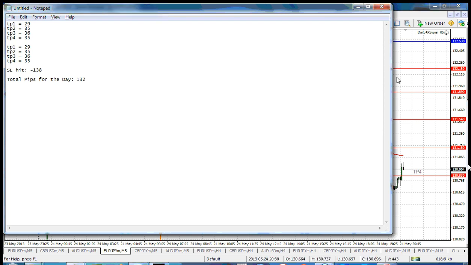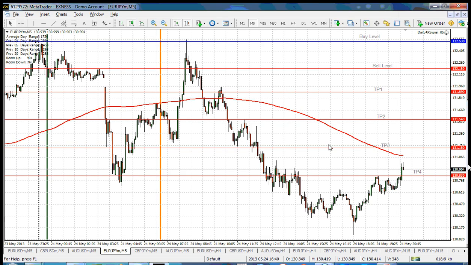Not bad. And obviously I did not take the last trade with ADR room down equal to zero. I just took the last lot hitting TP4 and not ADR equal to zero. If I had taken ADR equal to zero, I would have added another 30 pips to it, but that's fine.